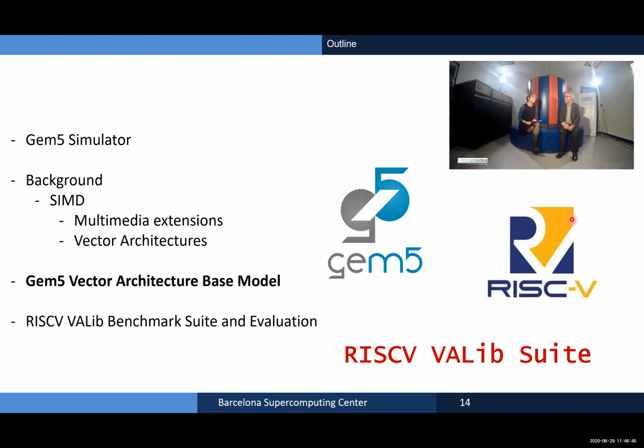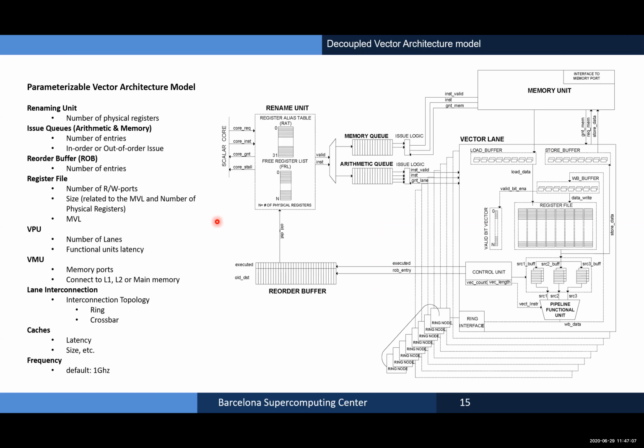We are using this model also to do what-if studies, and this is maybe one example of a so-called decoupled vector architecture model, where the scalar core communicates with the vector unit, and the scalar core and the vector unit are decoupled from each other.